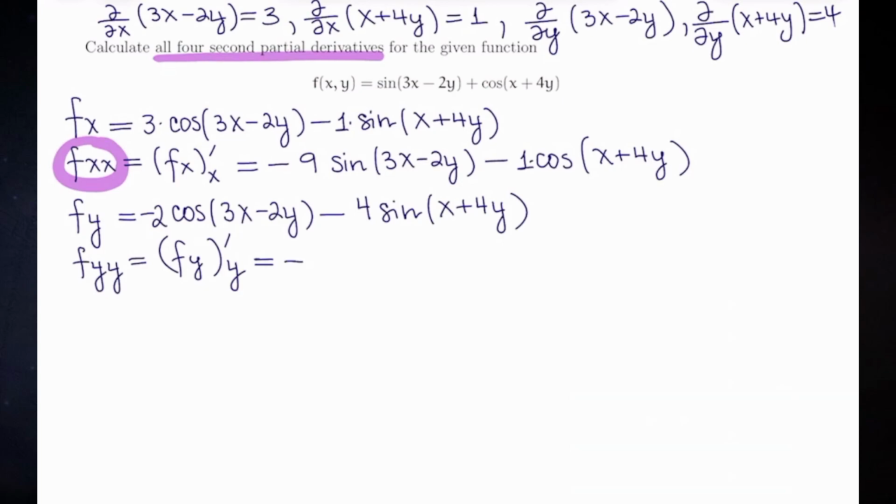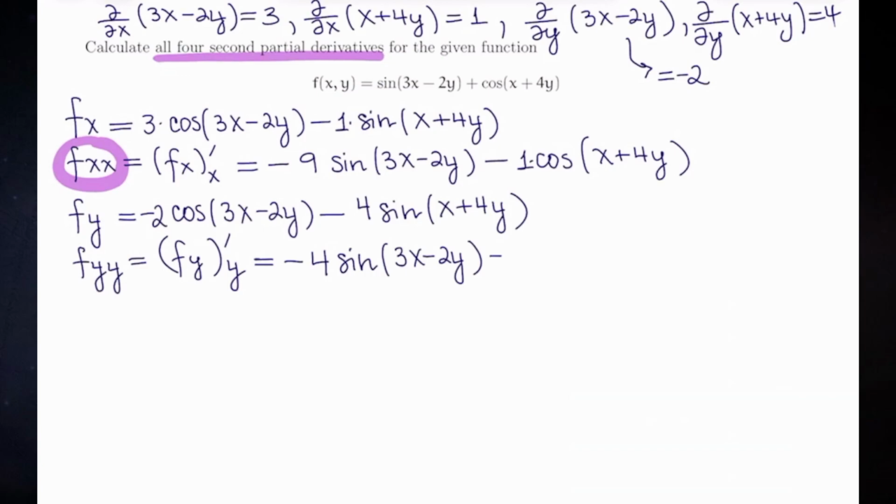We're going to keep that negative here: negative sine of 3x minus 2y. Then the derivative of the inside with respect to y, we know that's negative 2. So that will give us 4. You can keep track of all the negatives, and you'll see the final result will be negative.